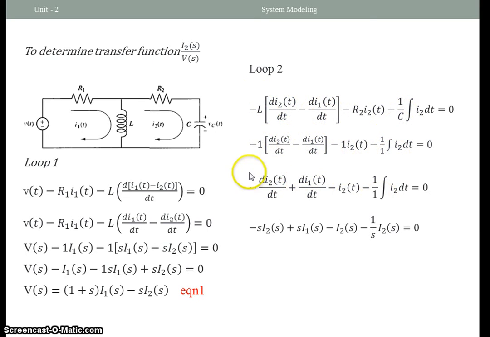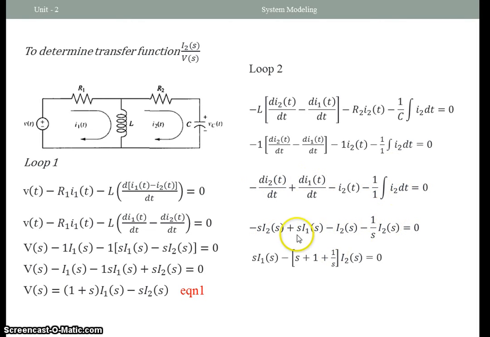Then we just convert this into their equivalent Laplace, so the derivative will be equal to S, and I2 of t will become I2 of S, followed by this term and this term, and the integration is 1 over S, so it will be 1 over S times I2 of S, and this will be equal to 0.